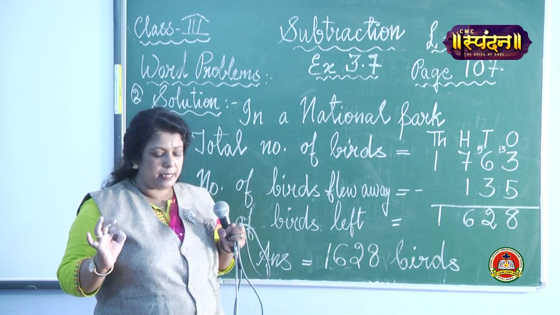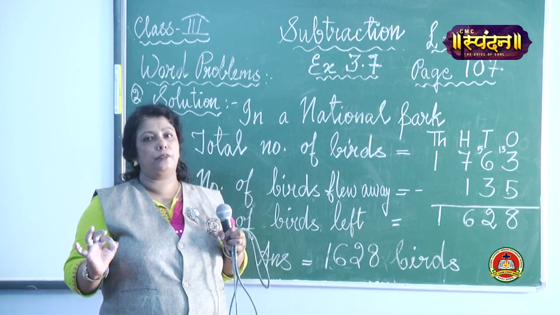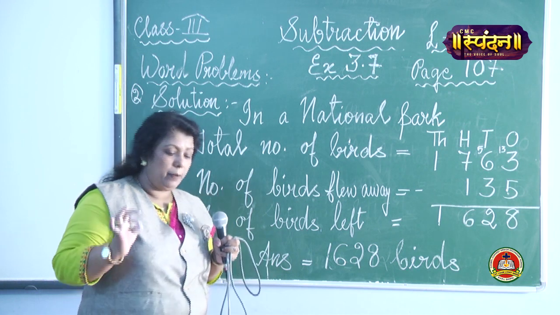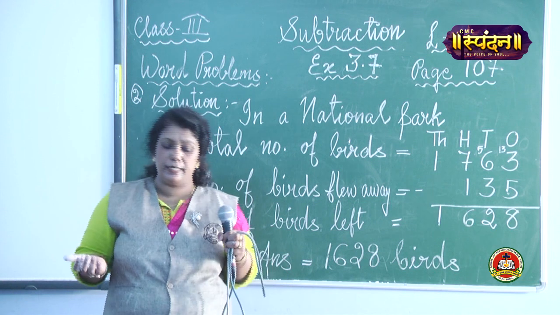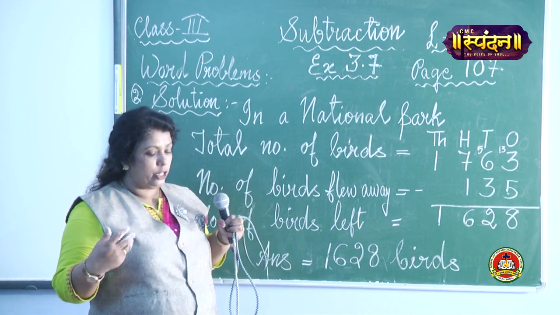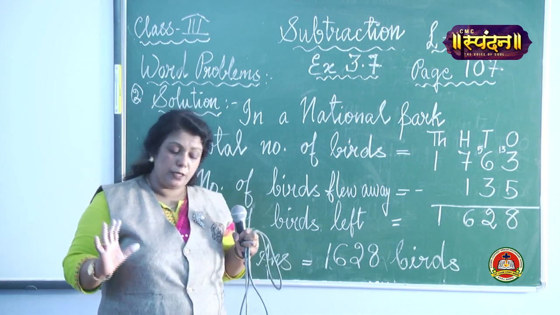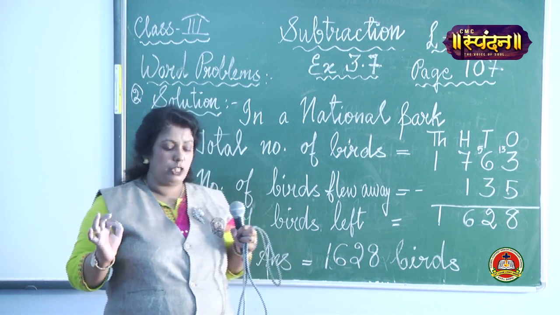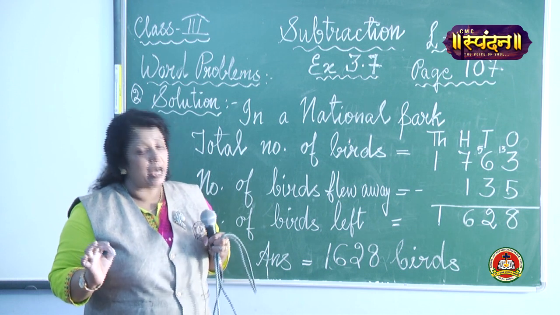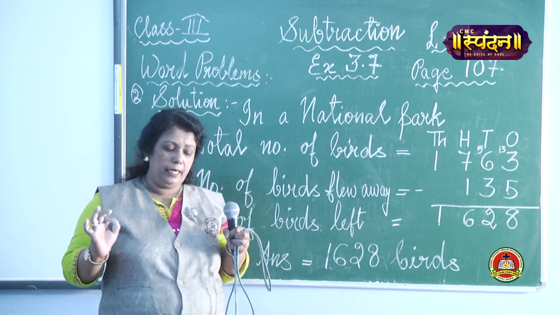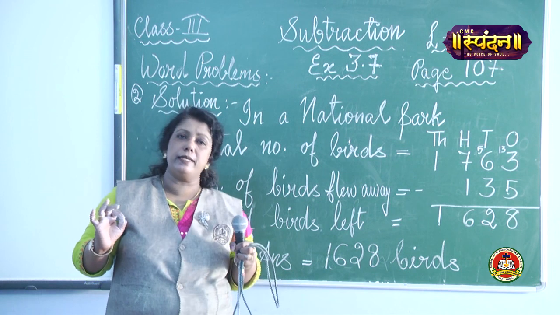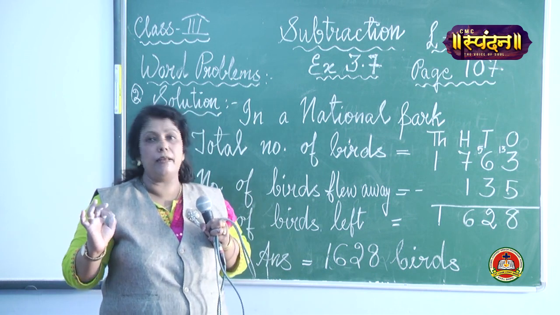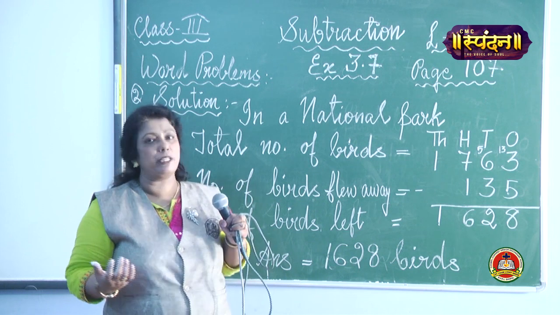How many candles are left with her? Okay, I repeat. She made 4,350 candles, and she sold only 3,120 candles. So how many candles are left with her? उनके पास कितने candles बच गए?